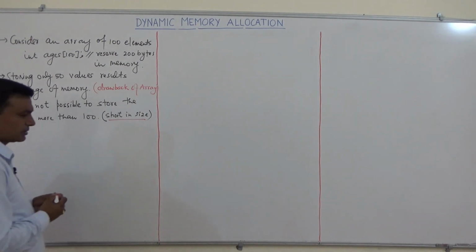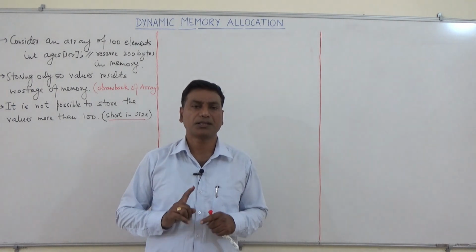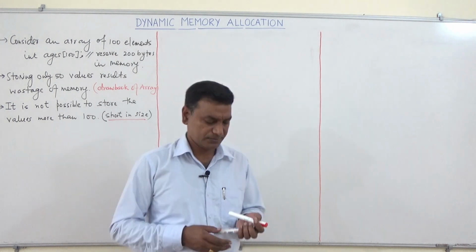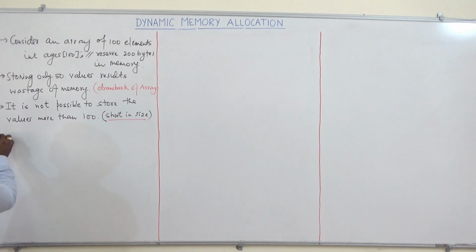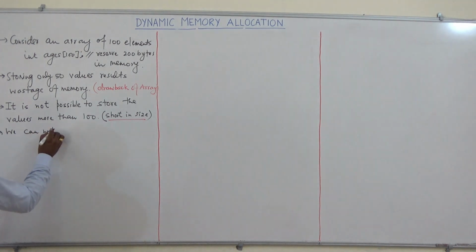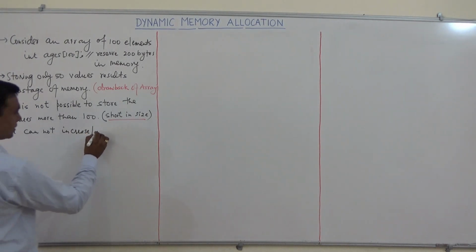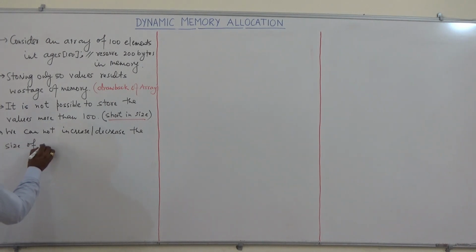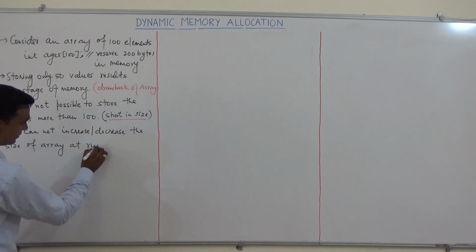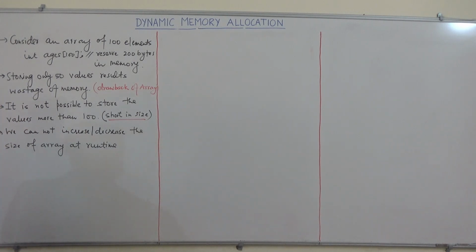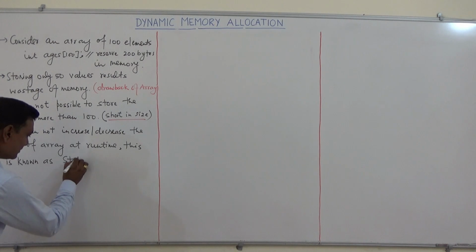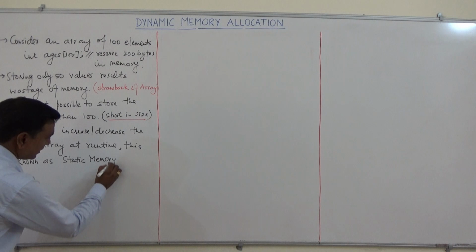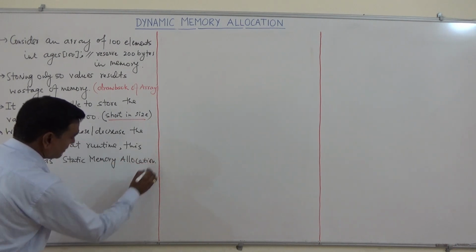Now we can say we cannot increase or decrease the size of the array at runtime, and this is known as static memory allocation.